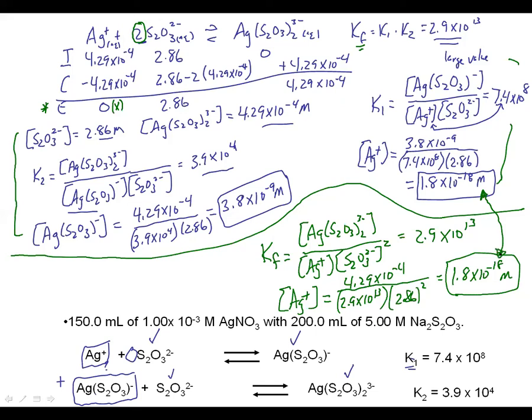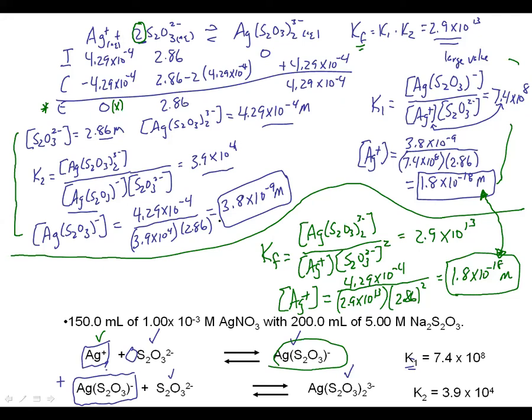So if you wanted to, you could have used the combined equation, used the KF value and solved for silver. At that point, you then could have gone back into this equation here and figured out this one's concentration as well. So there's a couple different ways you could solve it. If you do it correctly, it should all end up at the same number. Any questions on that?